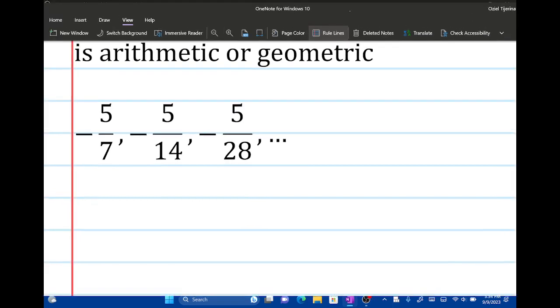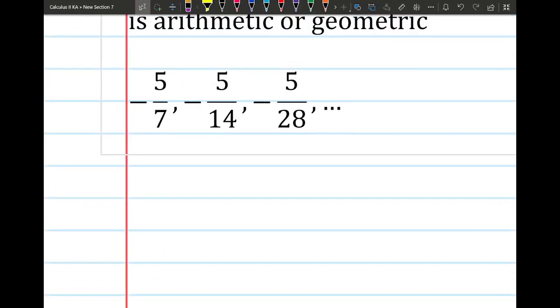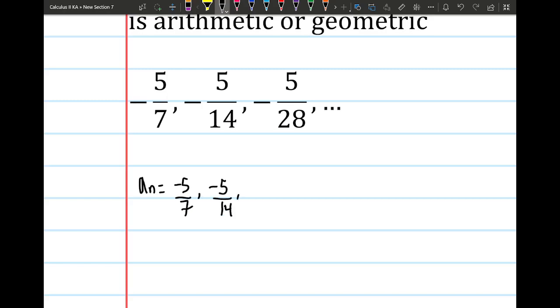Let's call this sequence a sub n, and we have -5/7, -5/14, -5/28, and so on.